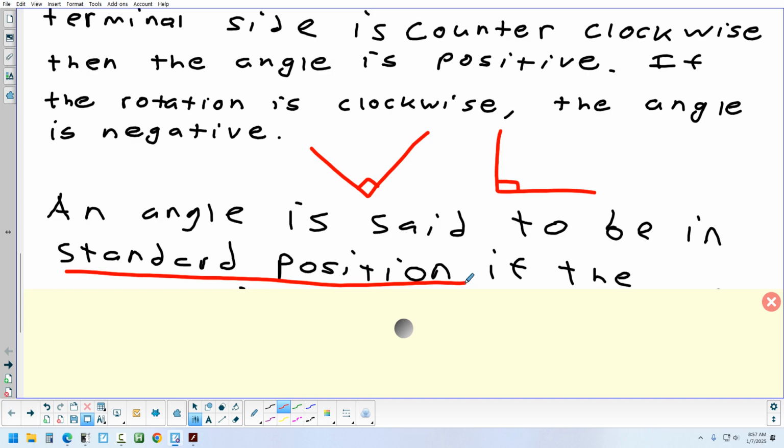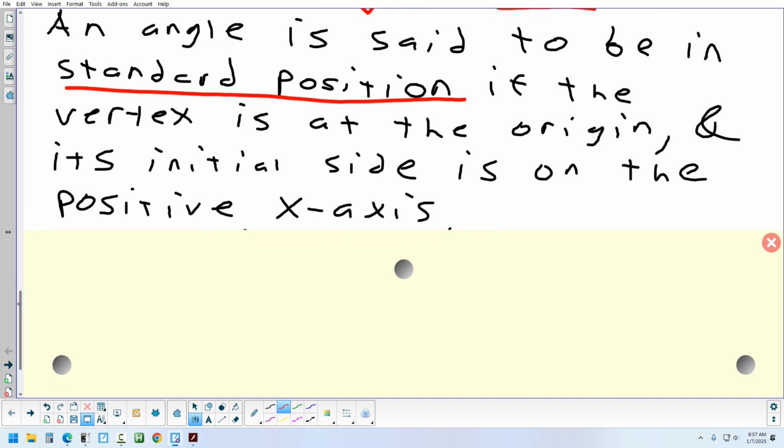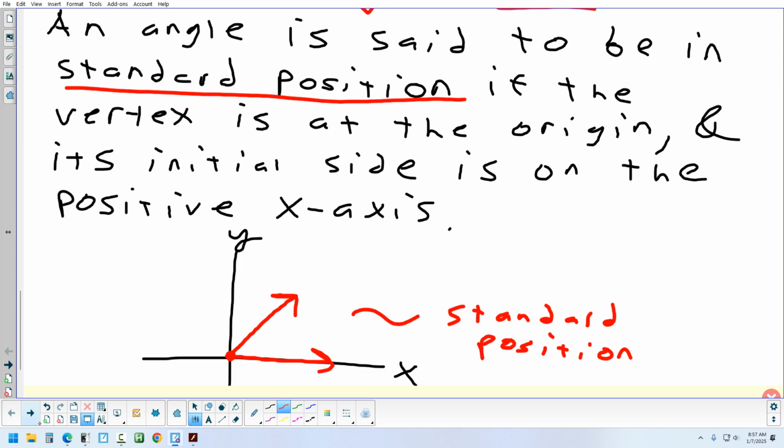Two things have to happen for an angle to be in standard position. One, if you had an XY coordinate or graph paper, you want the vertex at the origin. The second thing is you want the initial side to be on the x-axis, specifically the positive x-axis.